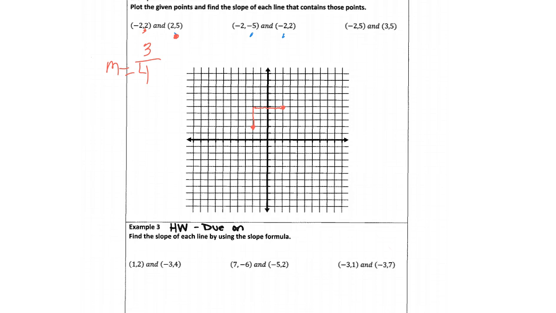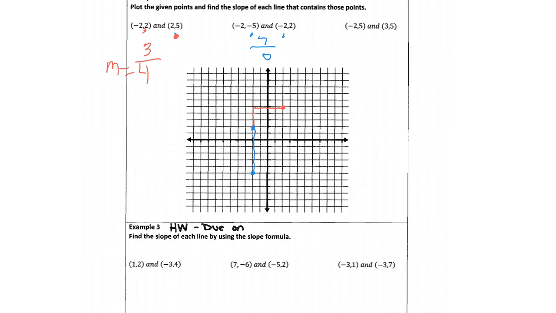Let's do the next one. Okay, so I'm going to graph these points: -2, -5 and -2, 2. So I'm going up 1, 2, 3, 4, 5, 6, 7. I'm rising 7, but am I running anywhere? Am I going left or right?